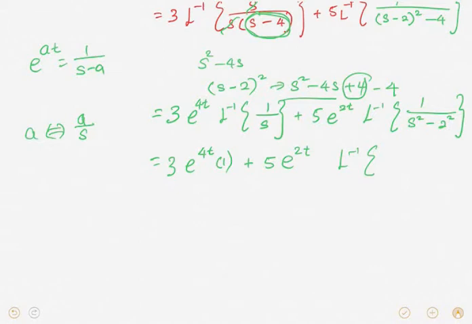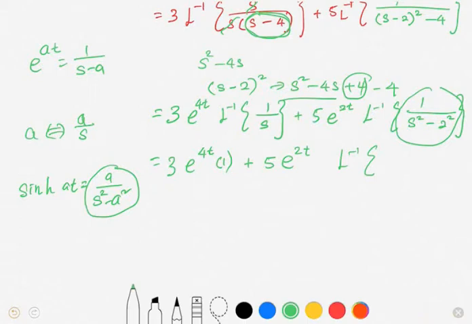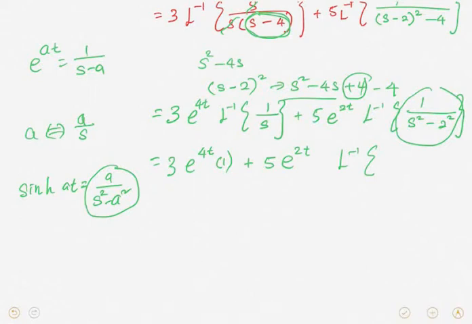This one is a sinh, so sinh at is equivalent to a over s squared minus a squared. If you refer to the format here and what you have here, okay, so a is 2, so s squared minus 2 squared.